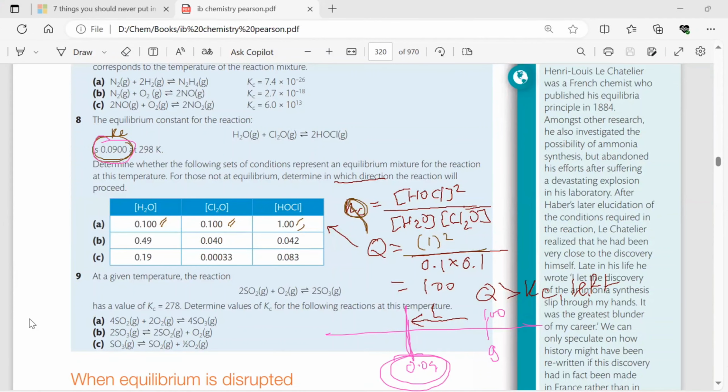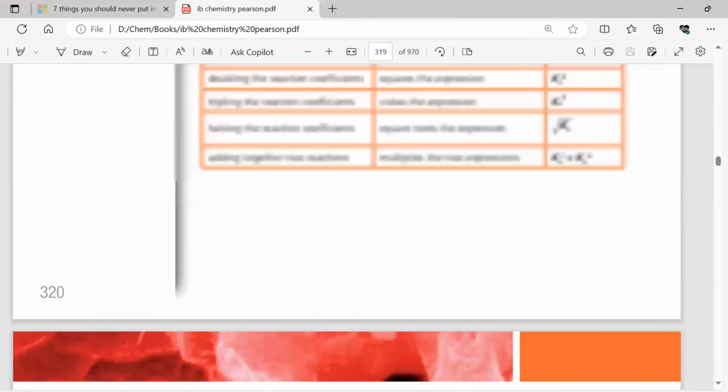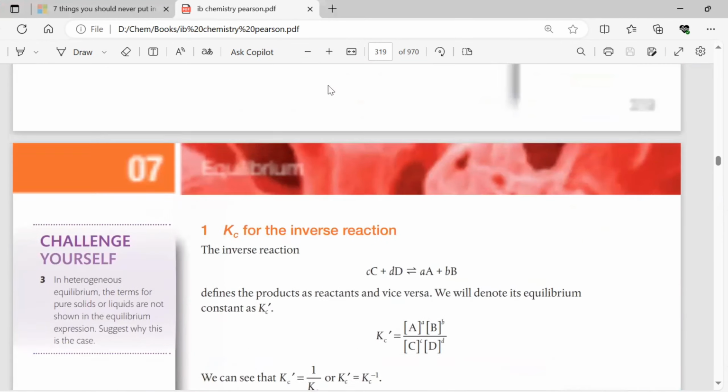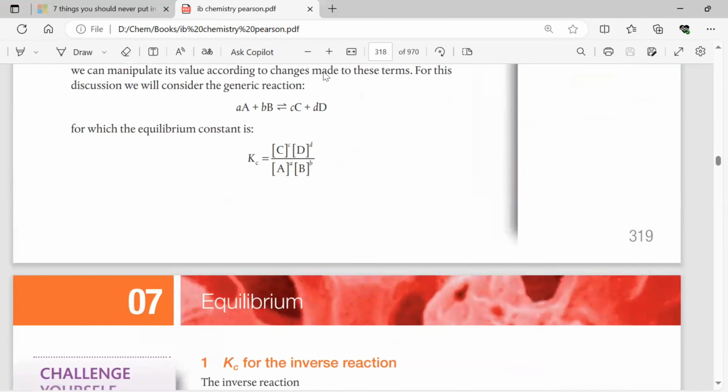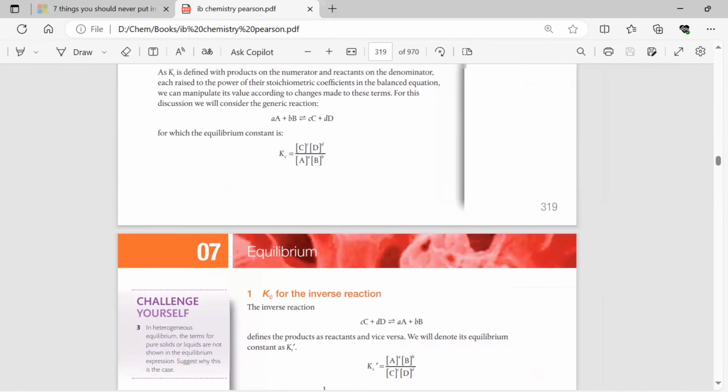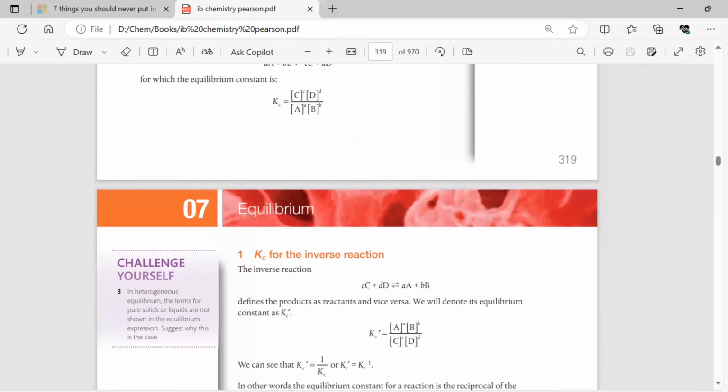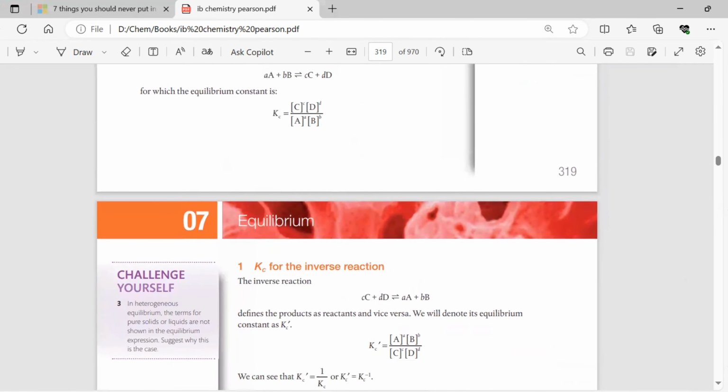Now whenever we are seeing an equilibrium reaction, suppose aA plus bB gives you cC plus dD, the Kc value will be [C] to the power of c, [D] to the power of d, divided by [A] to the power of a, [B] to the power of b.